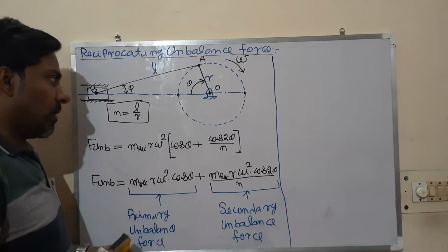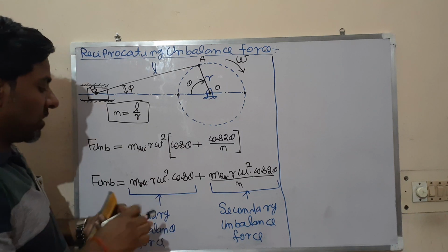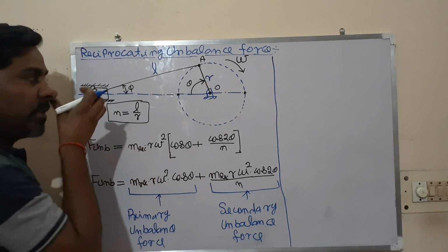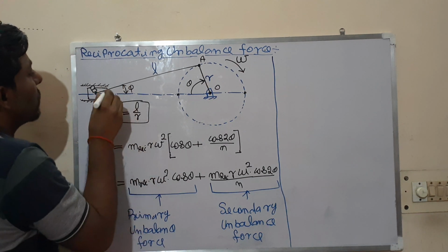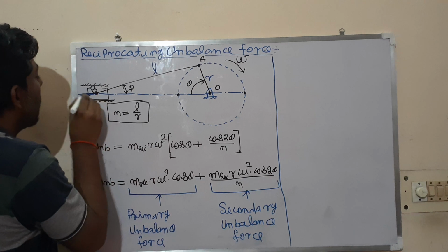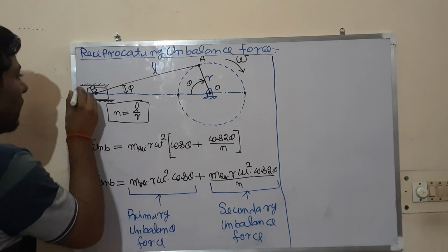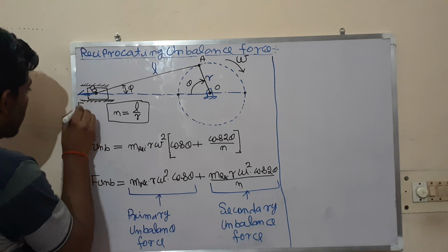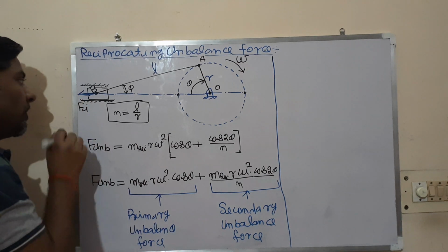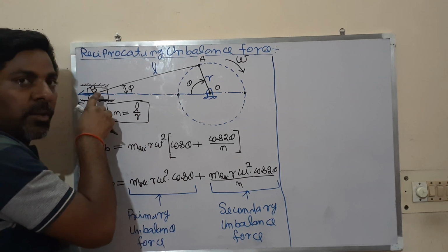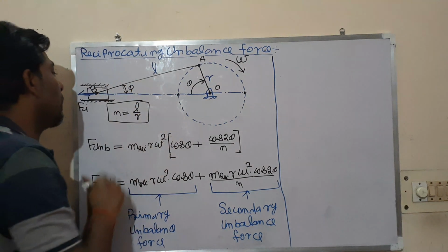So what are the unbalanced forces? It can be proved that the inertia force on the piston is the unbalanced force. Say this is Fi. The inertia force on the reciprocating piston is the unbalanced force.